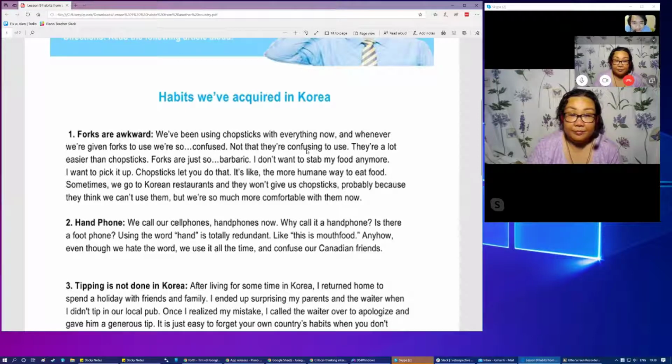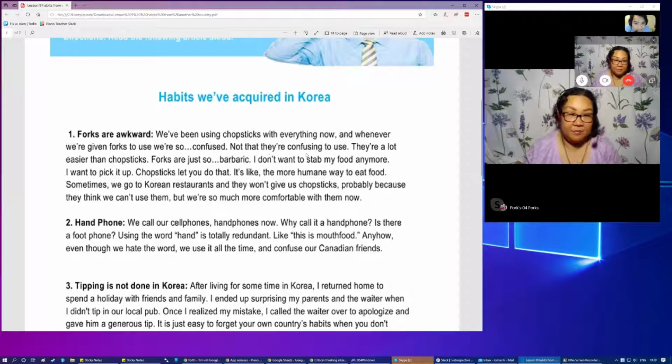We've been using chopsticks with everything now, and whenever we're given forks, to you, we are so confused.